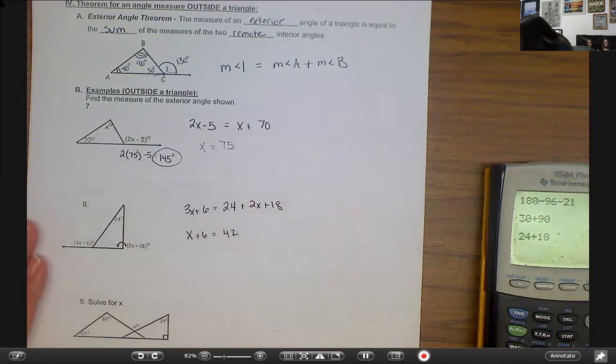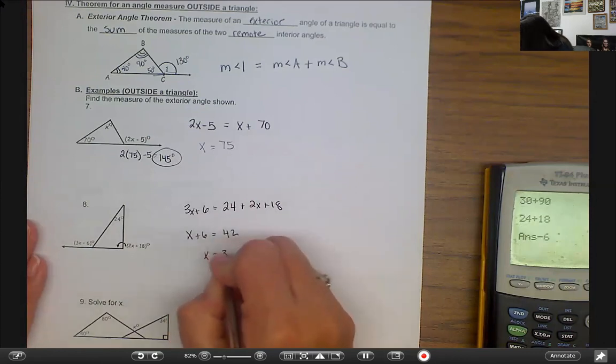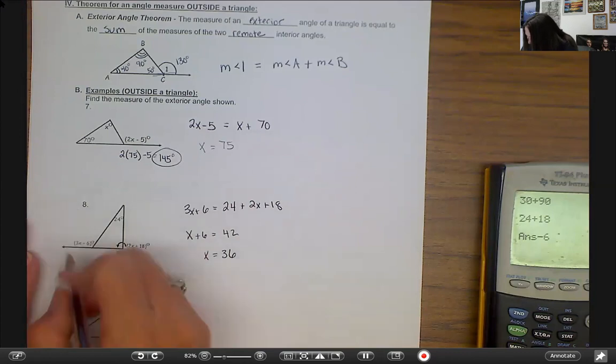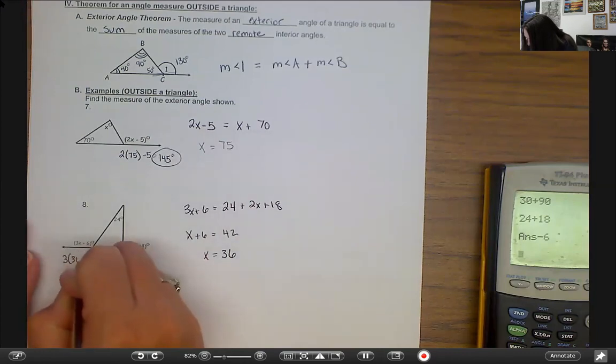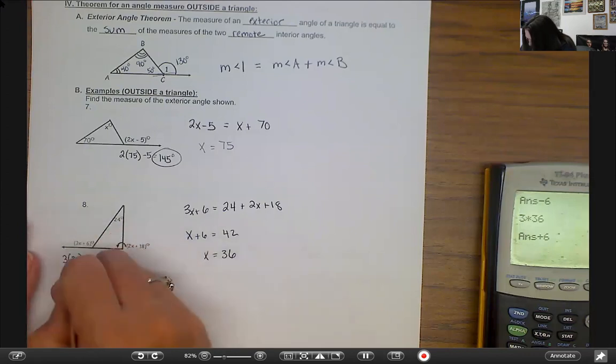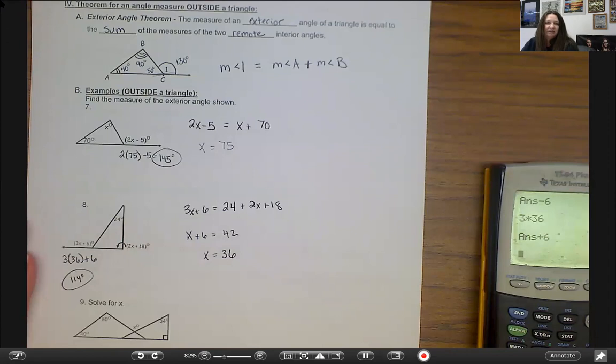Subtract 6 from each side, and I have x equal to 36. Again, if I wanted the exterior angle, I've got to plug that in. 3 times 36 plus 6 gives me a measurement of 114 degrees.